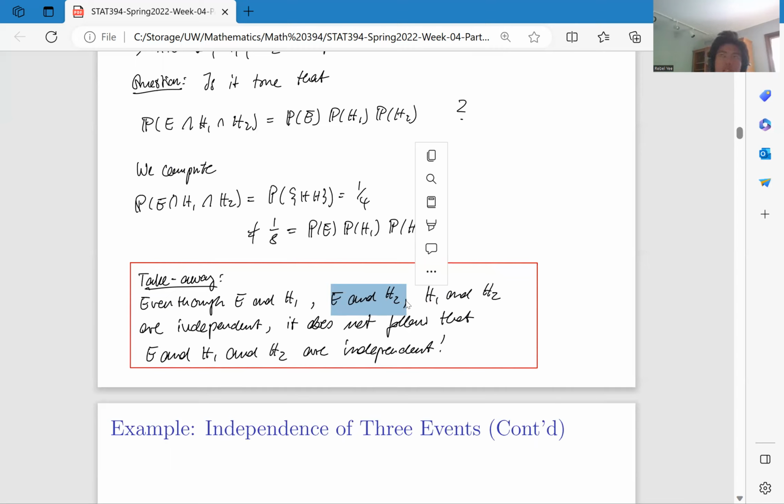If we intersect them, we have one term in common, that is HH, and each of E and H2 has probability 1/2. So yes, they're independent. Even though the 3 pairs of events are independent, we are not able to say the 3 events are independent.